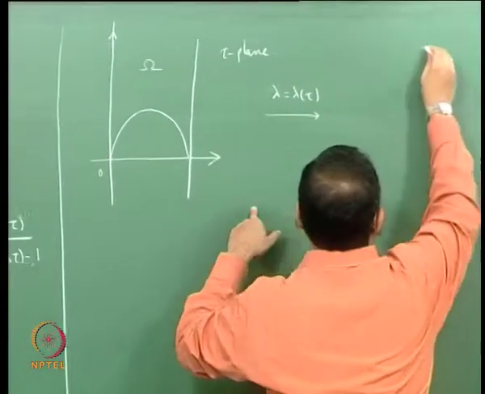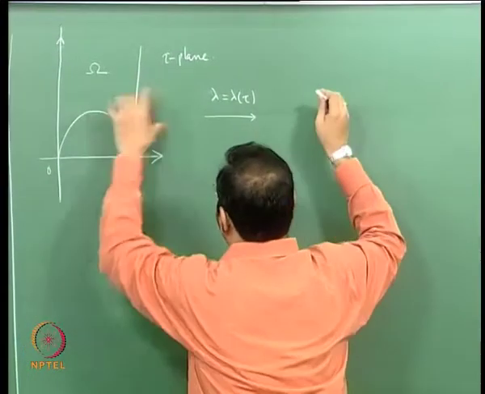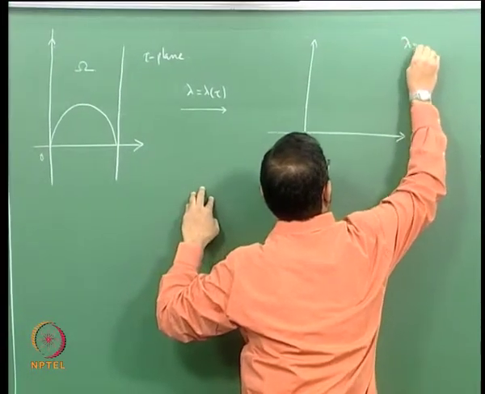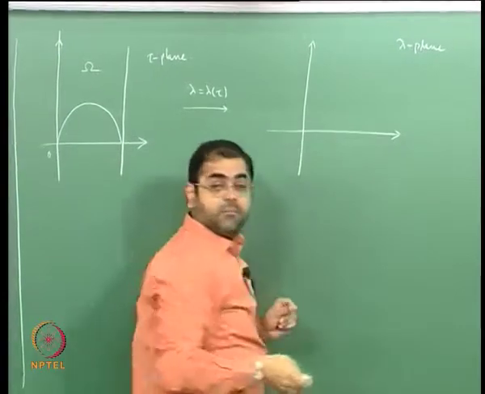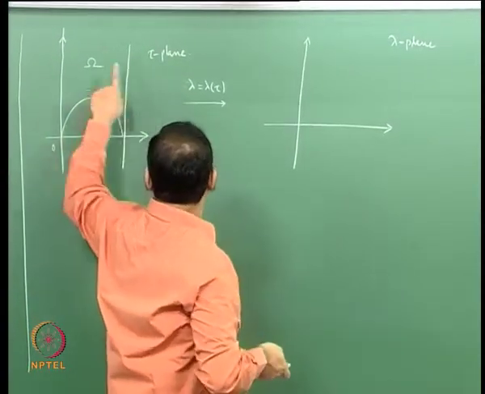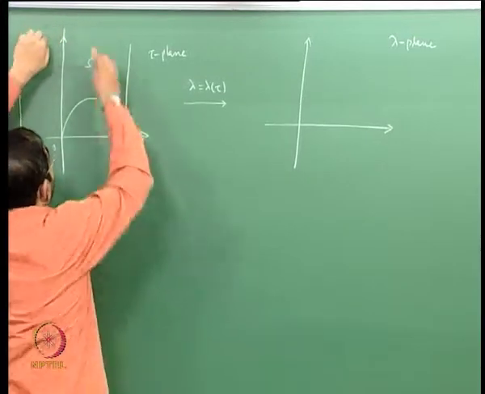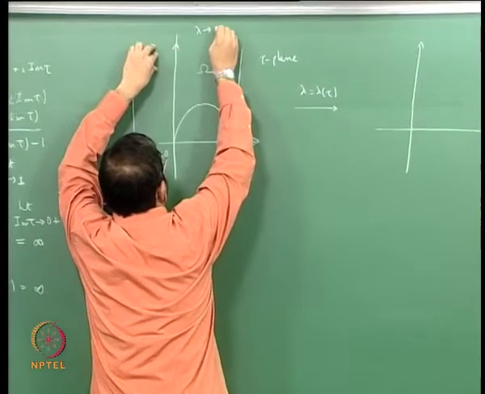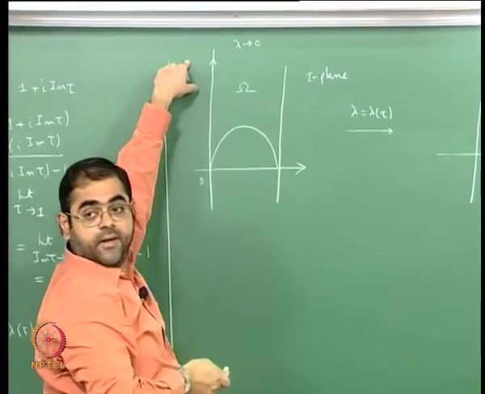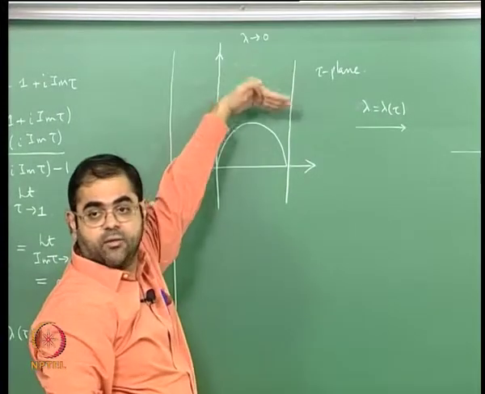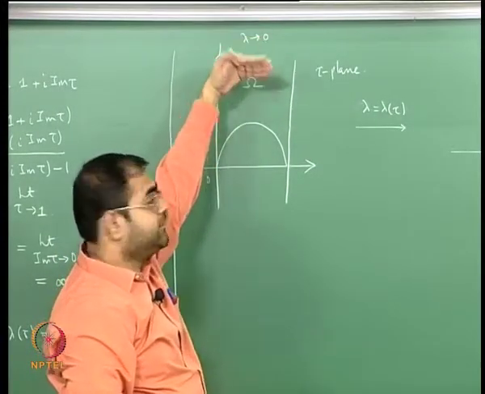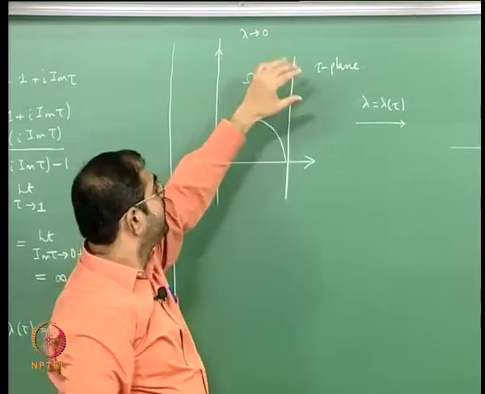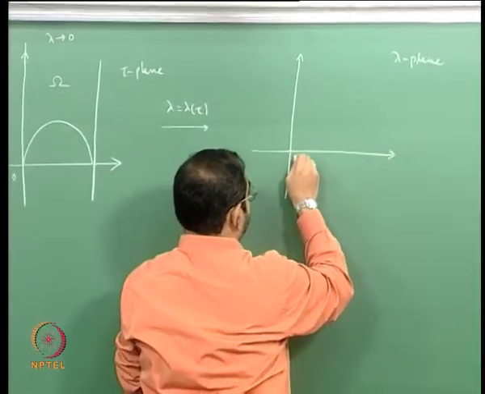So this is the tau plane and then I get the lambda plane, and I know that here lambda approaches 0. As I go higher and higher above, making the imaginary part of tau sufficiently large, lambda approaches 0. So the point at infinity is being mapped to this point at 0.